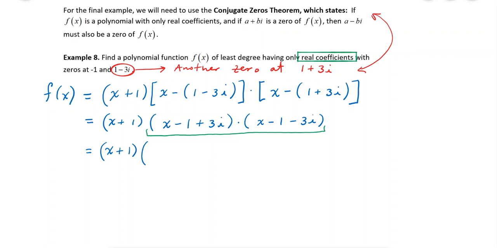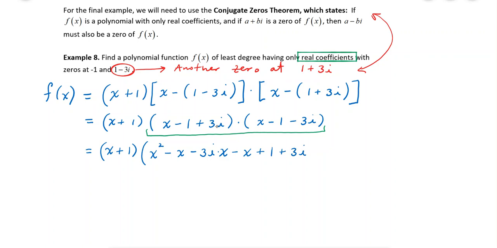So I'll have x times x is x squared, x times negative 1 is minus x, x times negative 3i is negative 3ix. And then I'm going to keep going like that. I'm going to multiply negative 1 times each of these three terms, and I'll have minus x plus 1 plus 3i.